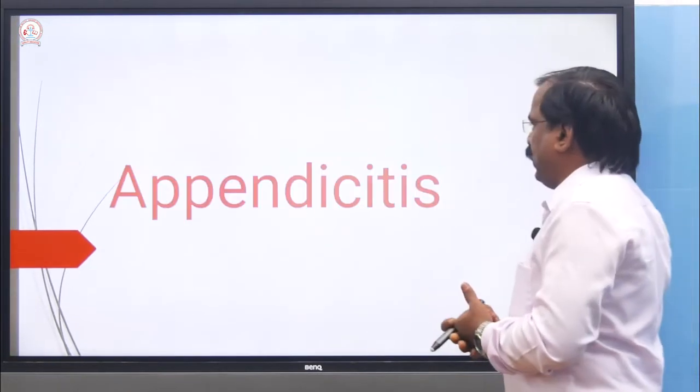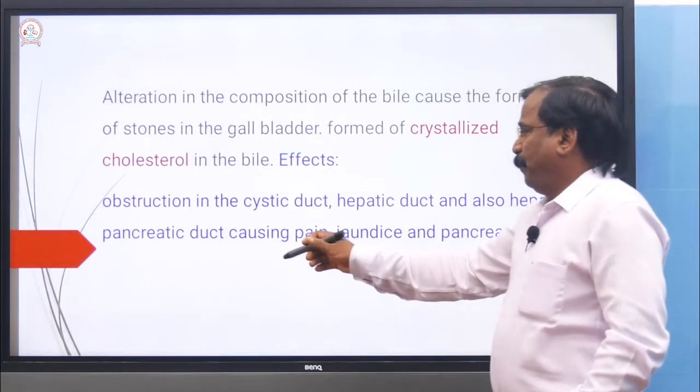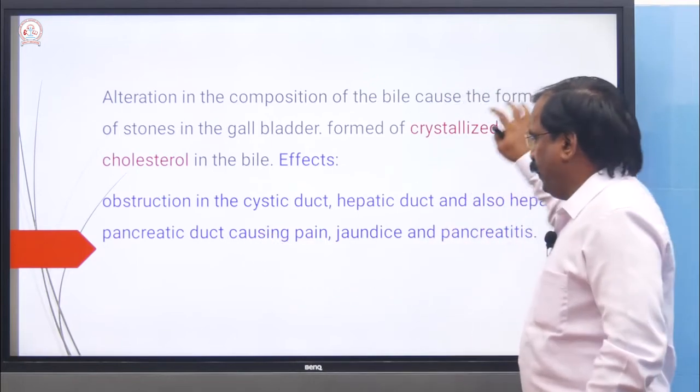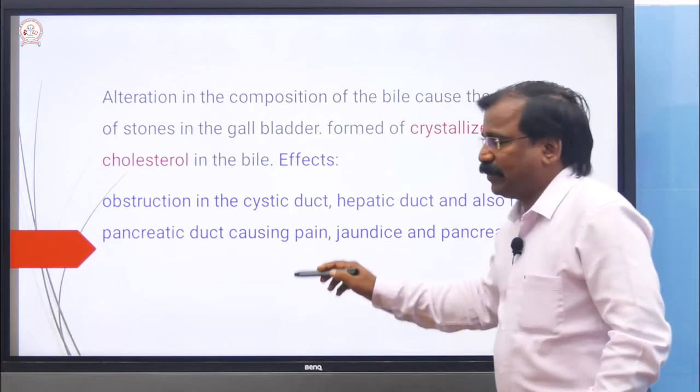What are the side effects? It causes pain, jaundice and pancreatitis. So these are the effects of that block.